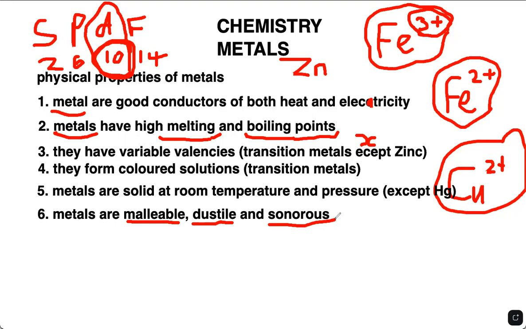When you get a metal, one end firmly held, the other end you hit it with another metal, you'll find that it will vibrate. As it vibrates, it produces a sound. So the ability of metals to produce sound when they are hit, that's what we're talking about as sonorous.